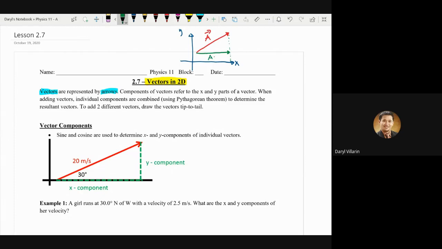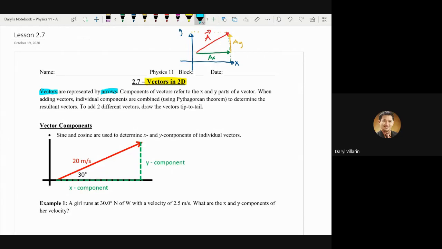This is the x component of that vector A. As well, if you project the tip of your vector towards the y-axis, you create the y component of your vector A. When adding vectors, individual components are combined.